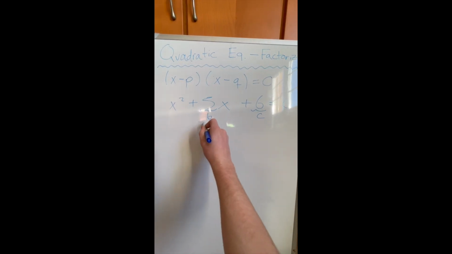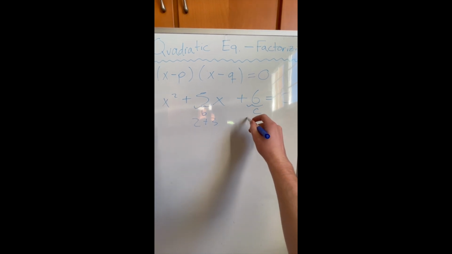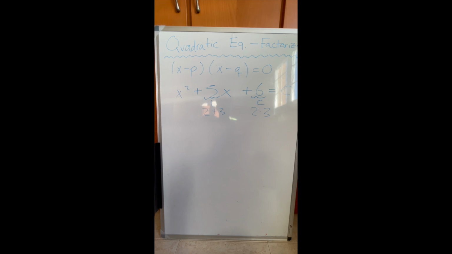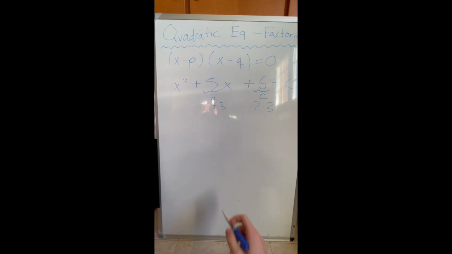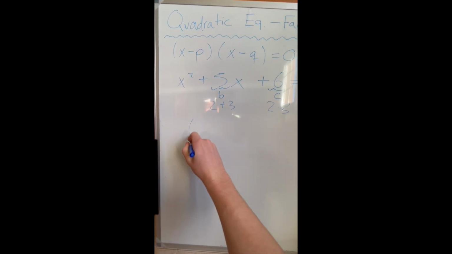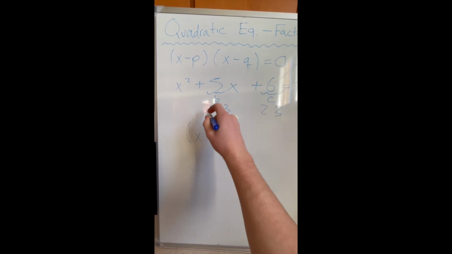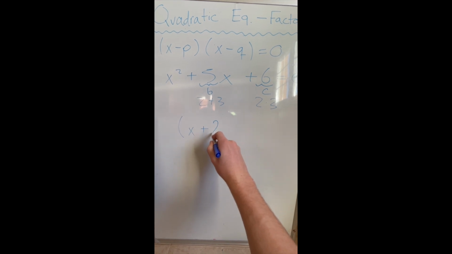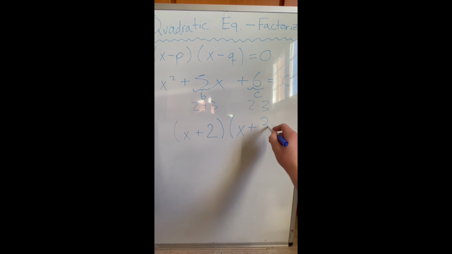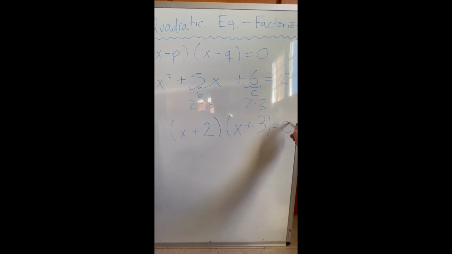And we find that this is 2 plus 3, and this is 2 times 3. Now that we have this, you can rewrite the equation with one of these values being p and the other being q. So x, however, they are positive, so plus 2 times x plus 3 is equal to 0.